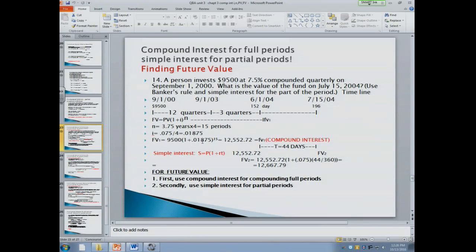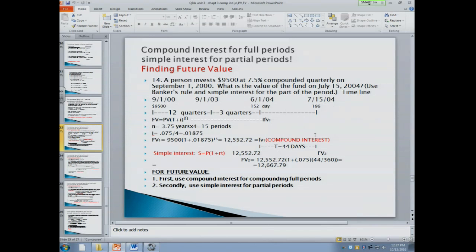We find the future value of $9,500 on June 1st is $12,552.72. I recommend you pause this to verify all these calculations. So on June 1st, we have $12,552.72. Now we have a part of a quarter.